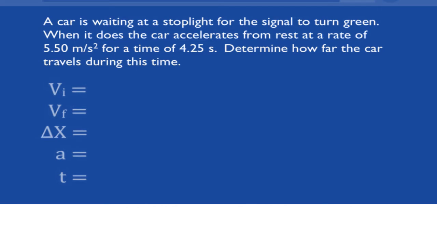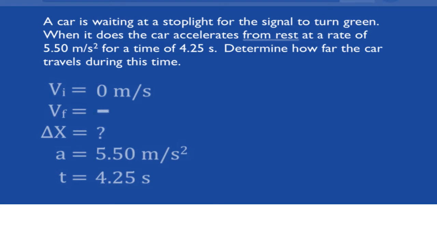It says a car is waiting at a stoplight. When it turns green, it accelerates from rest, which tells you that it starts at rest and that the initial velocity is 0 meters per second. Then we are given the acceleration, then we are given the time, and we are asked to solve for the change in position, or the distance, and we are not given and not solving for the final velocity.